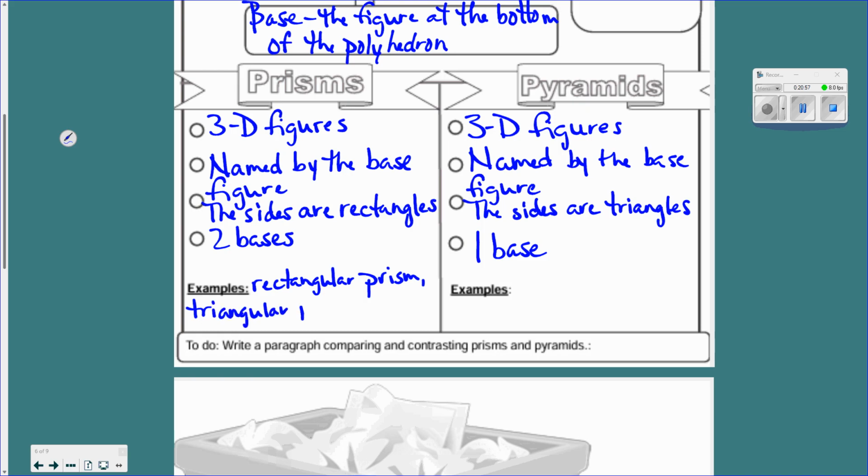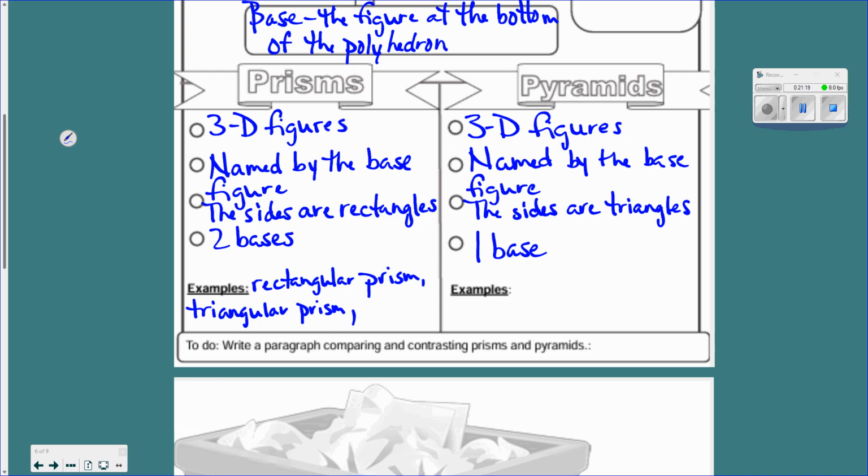Not so. Two sides are triangles, but all the rest are rectangles, so it's a triangular prism. We did talk about a specialized one. All the faces are the same. What do we call that? A cube. So a cube is a very specialized rectangular prism.